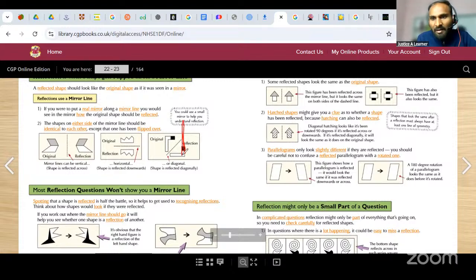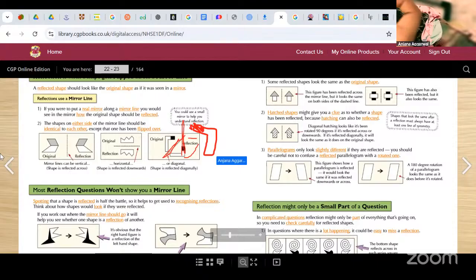Then what would have happened? Can you imagine? It would be written like this. But since the mirror is like this, that's why this image is being formed like this. And that's why I guess you were confused, because you were confused about where the mirror is kept.